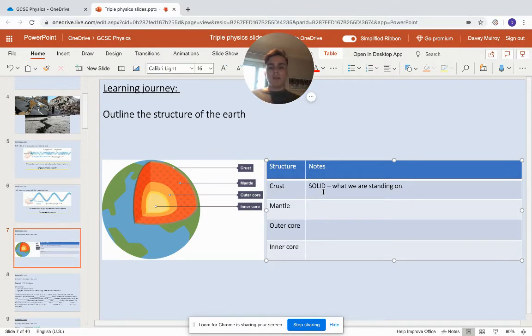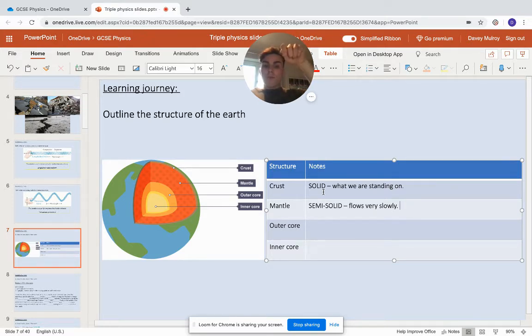The mantle. Now if the crust is a solid, the mantle is what we call a semi-solid. What this means is it flows very slowly. Nice example of a semi-solid, I want you to think of ice cream, Nutella, peanut butter, all the nice foods. Imagine lifting a spoon of that up and turning the spoon upside down.